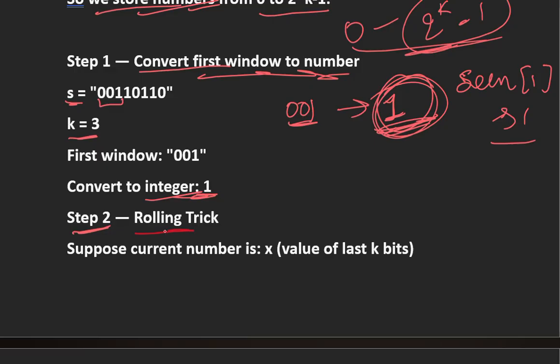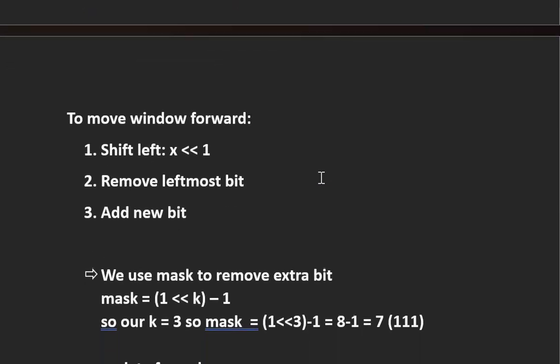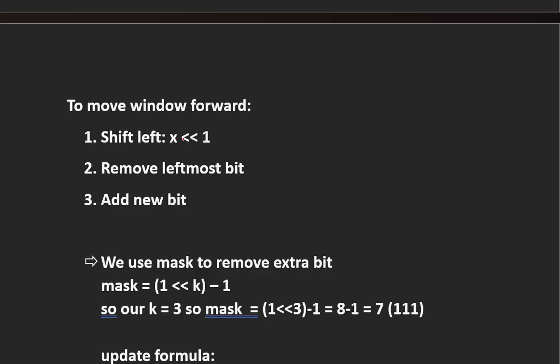And then step 2 is a rolling trick. Suppose our current number is x, here our x is 001, which is the value of the last k bits. When we move ahead, we shift x left by 1. So our x was 001, and when we shift x left, it becomes 0010.